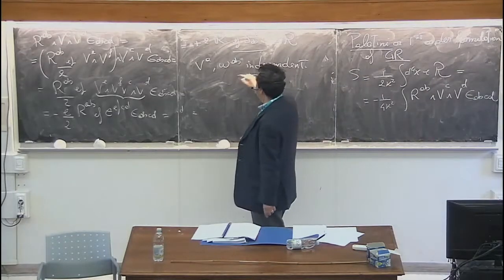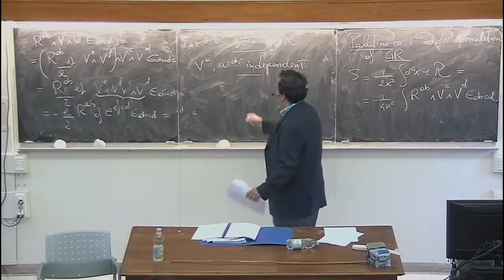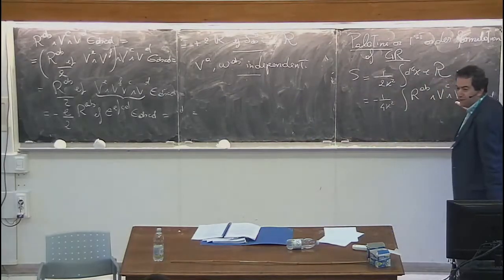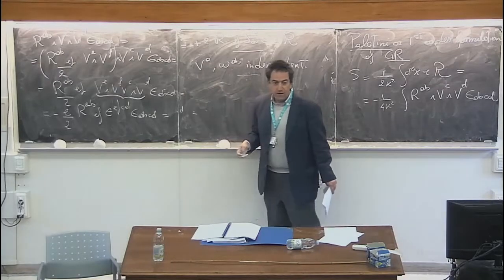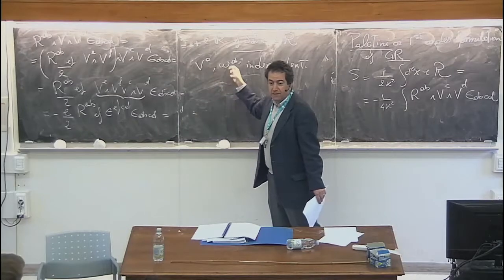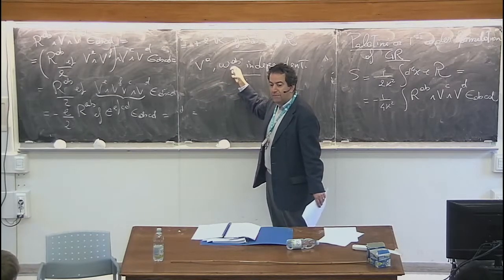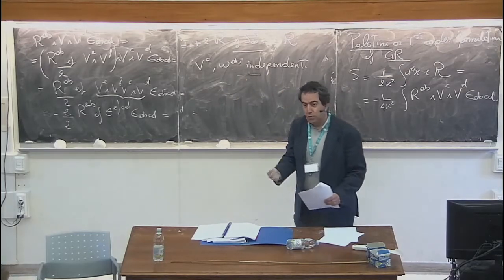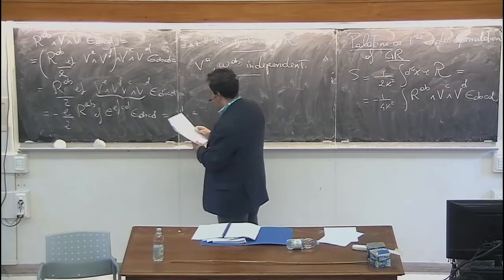So we start considering these two fields as independent. Then we vary the action with respect to V^A and omega^AB, and we determine the corresponding field equations. The field equation obtained by varying with respect to omega^AB is nothing but a torsion equation, which will allow us to express omega in terms of V. Let's see how it works.